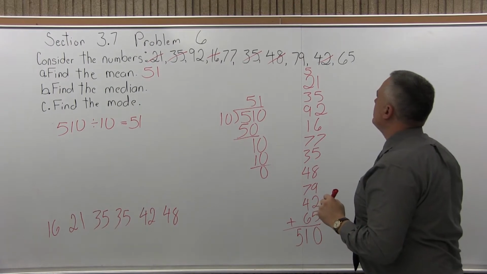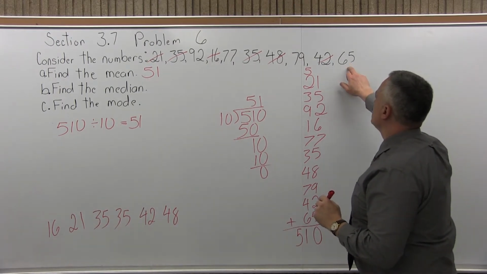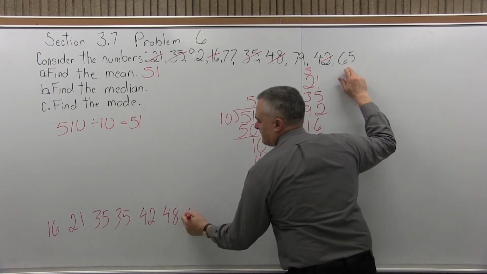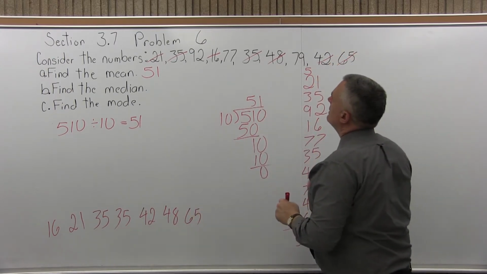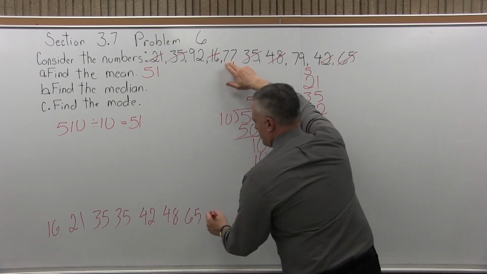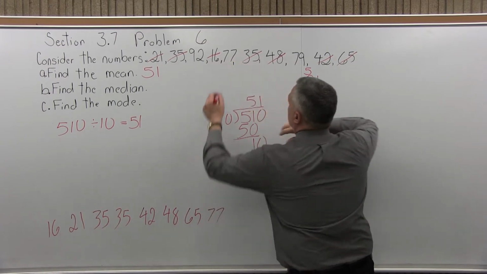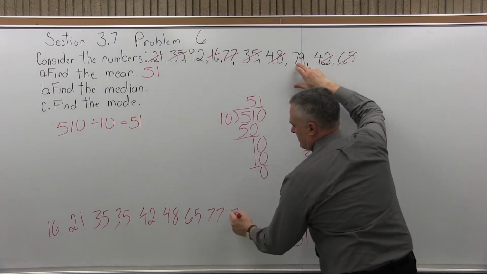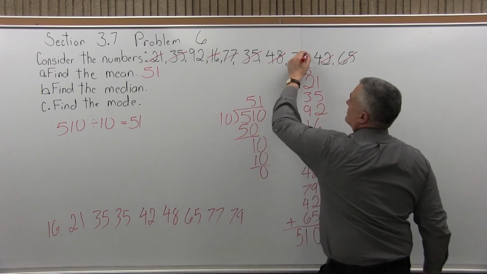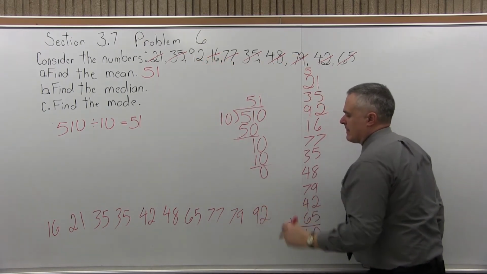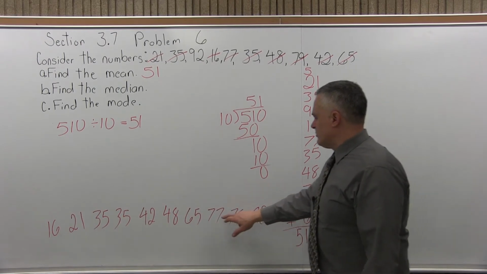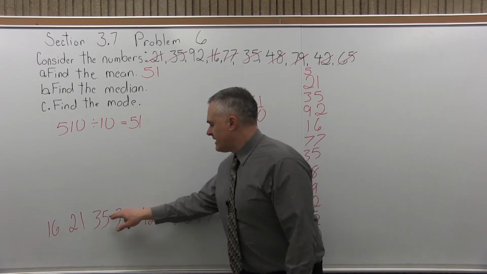In the 50s, I don't have anything. 60s next, 65. 77 would be next. 79. And the biggest number in my list is 92. And there should be 10: 1, 2, 3, 4, 5, 6, 7, 8, 9, 10.